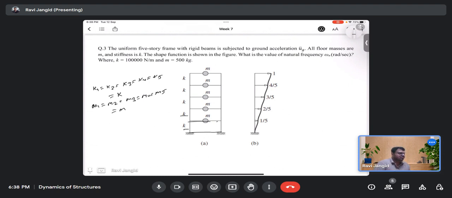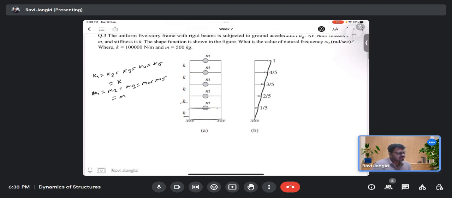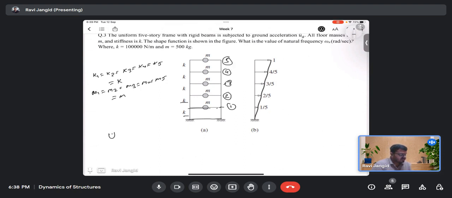You have also been given the deflected shape. For stories 1, 2, 3, 4, 5, the shape function is 1 by 5, 2 by 5, 3 by 5, 4 by 5, and 5 by 5, or 1. So this is the shape function.